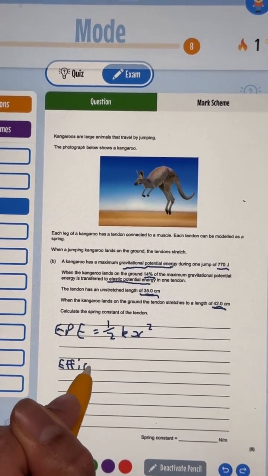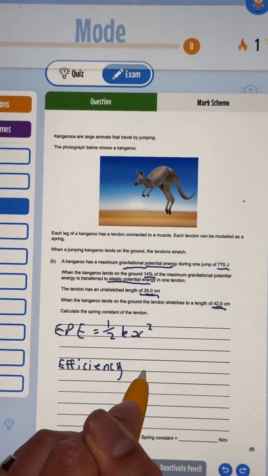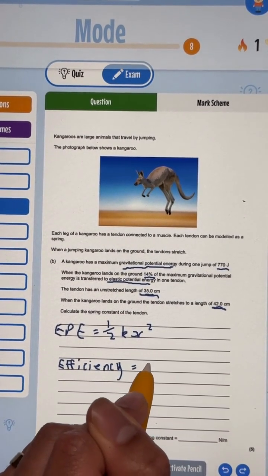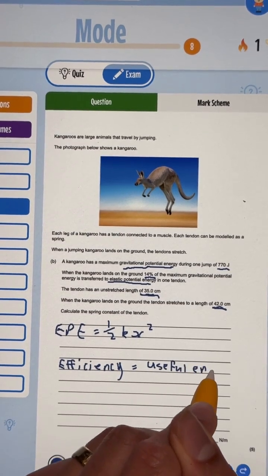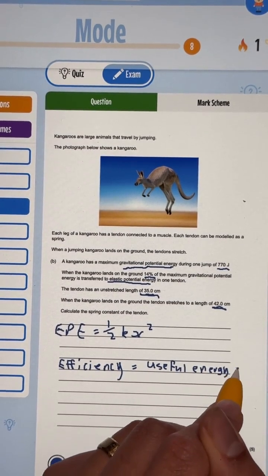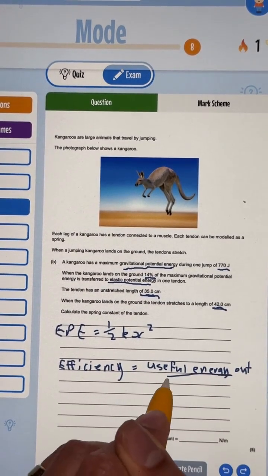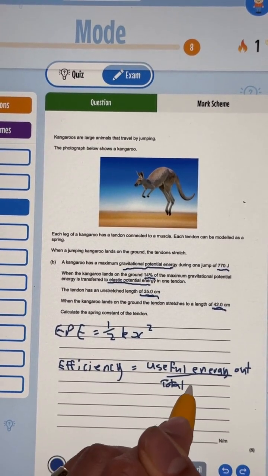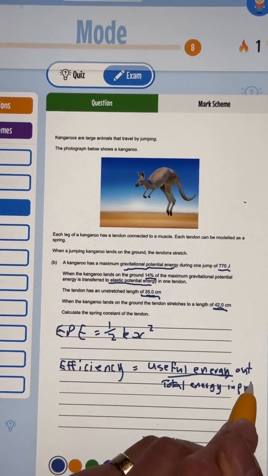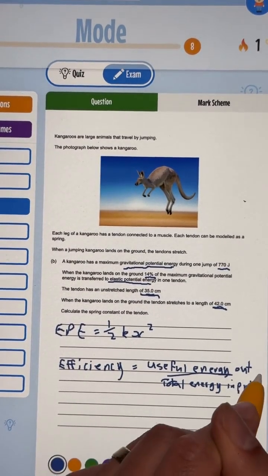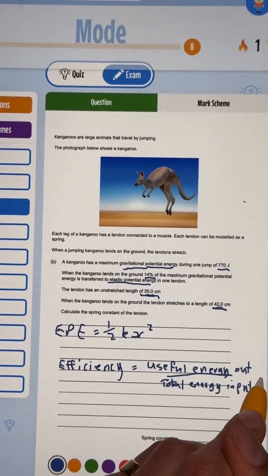Efficiency is another equation you can get from your formula sheet, which is useful energy output over total energy input. And you can times that by 100 to give you a percentage.